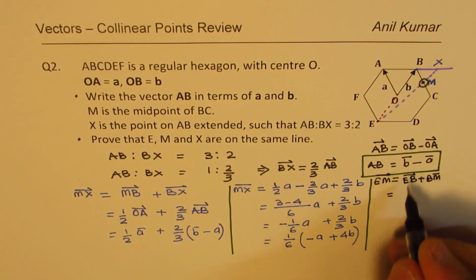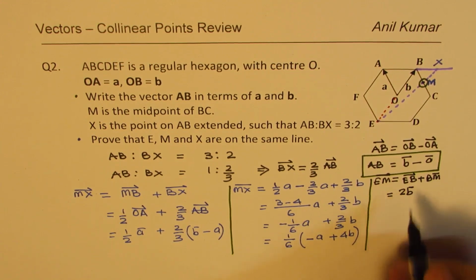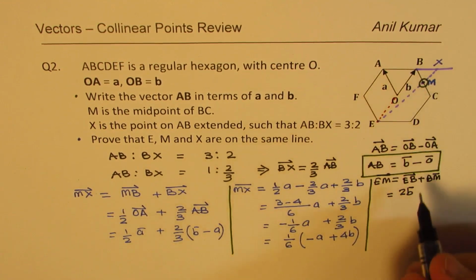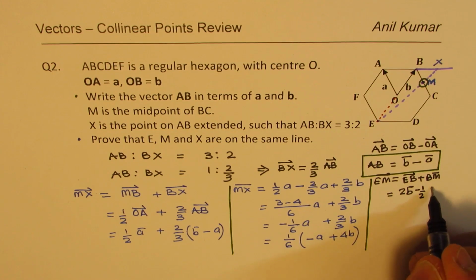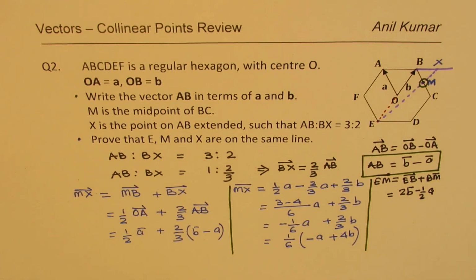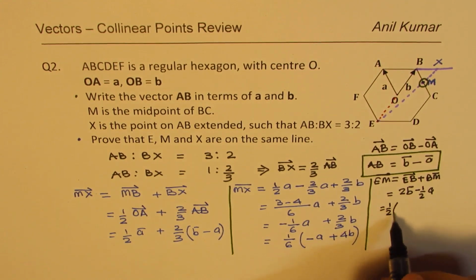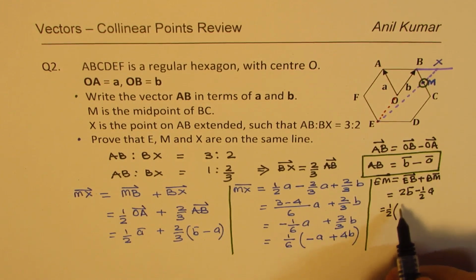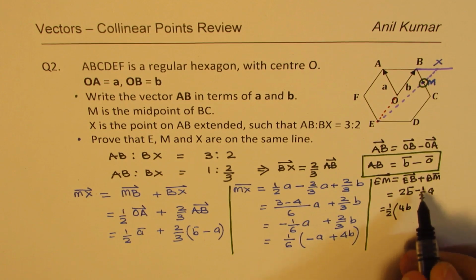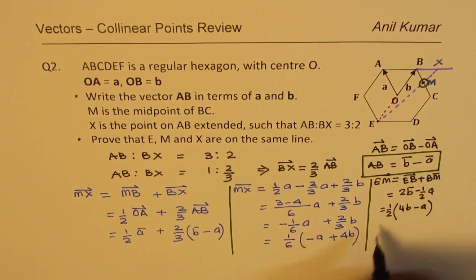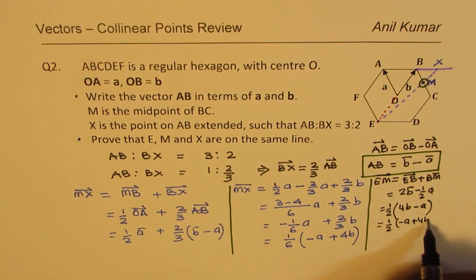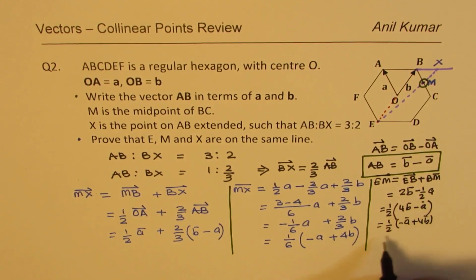Now E to B is 2B, and B to M is minus half of A, correct? If I take half common, what do I get? If I take half common, I get 4B, and I get minus A here. Same thing, which is same as half of minus A plus 4B. Does it make sense to you, right?